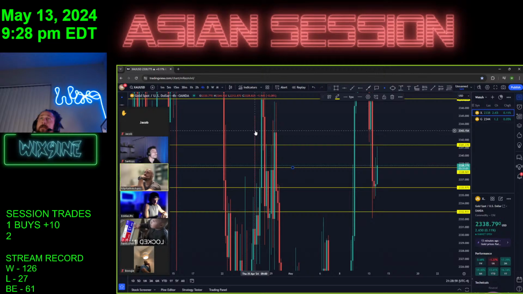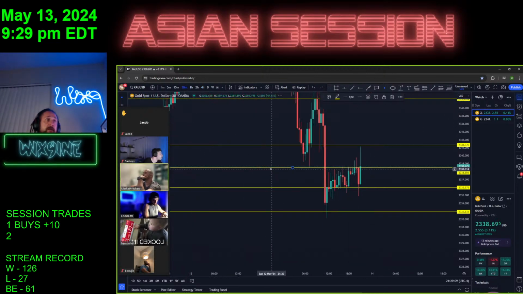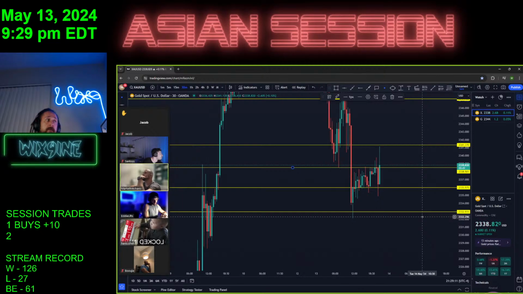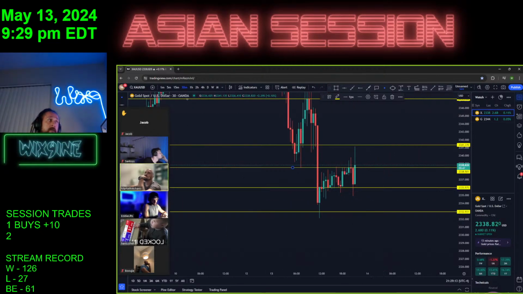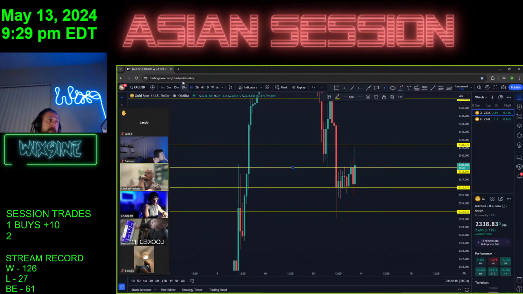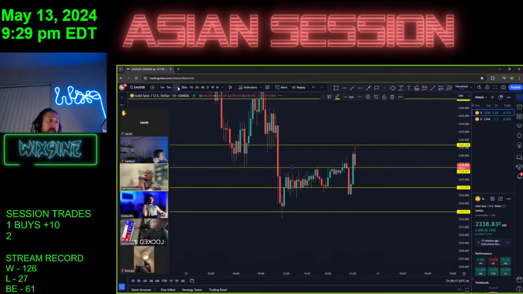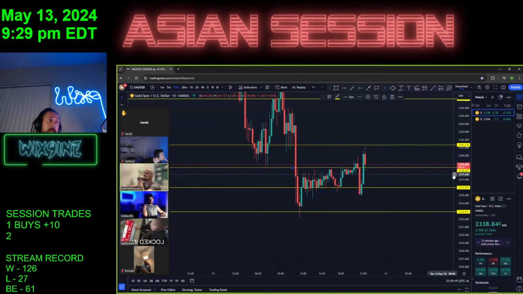Just can't get nothing going. Got 1 minute here left for the 30. We close above here, looking for a bottom wick. You still looking for those sells off the rip? If it closes below?